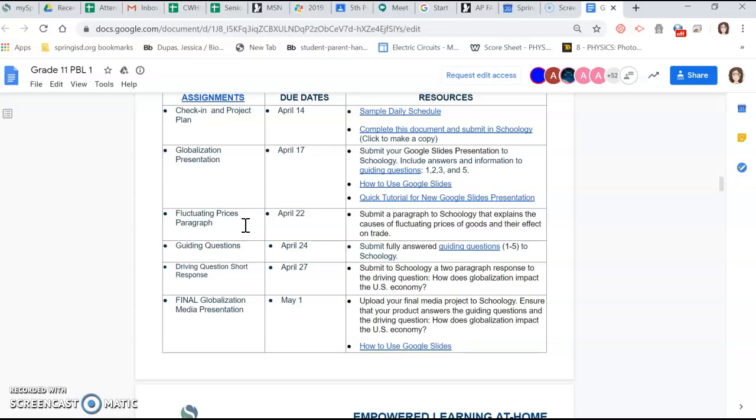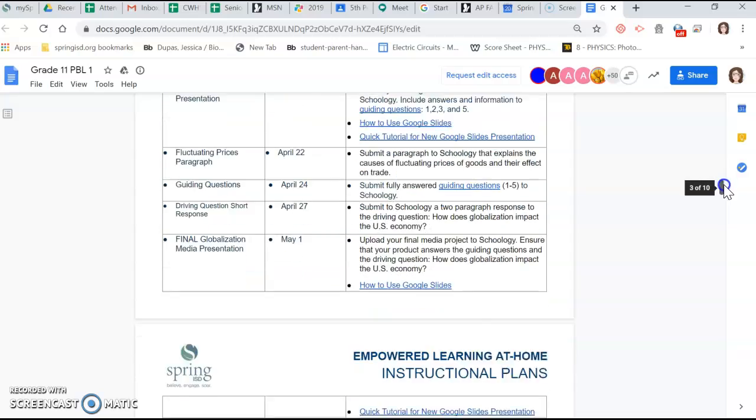You'll use that same Google slide, or however you did it, PowerPoint, that you turned in last week, and you're going to just refine it this week. You might find as you look at the videos for this week that you have a little bit deeper understanding. You might decide that you want to change the things you already submitted, so you're welcome to do that. So this week should not be difficult.